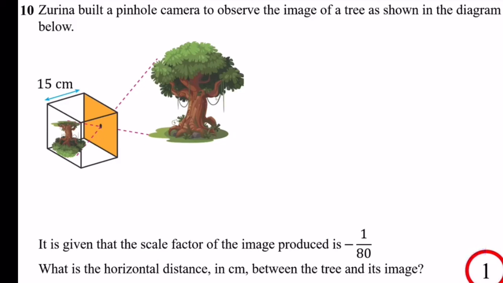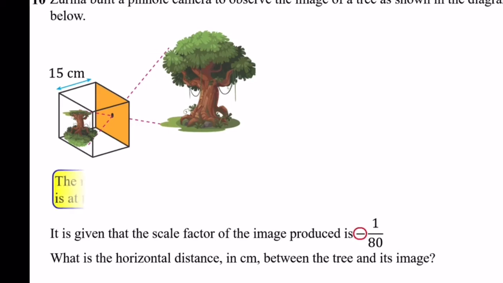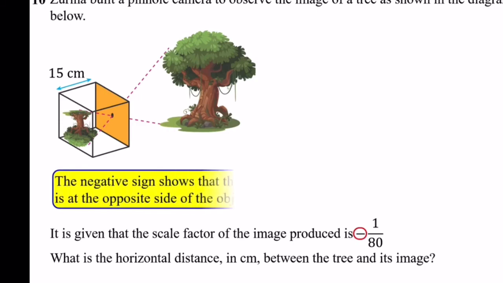So in order to answer this question, we have to use the formula for scale factor. The scale factor here is negative 1 over 80, right? So it shows that the image and object are in the opposite direction from the center of enlargement. So we are asking to find the distance between the tree and the center of enlargement.